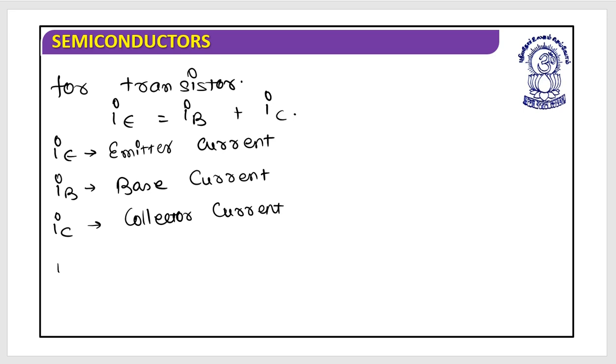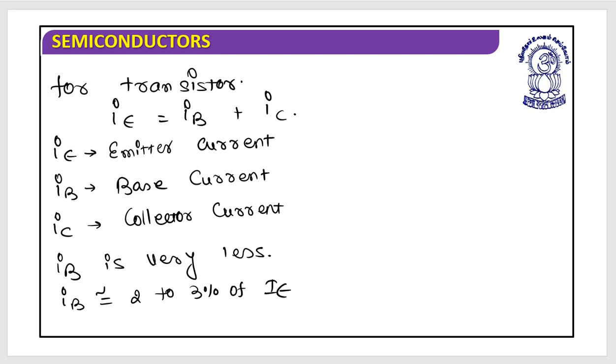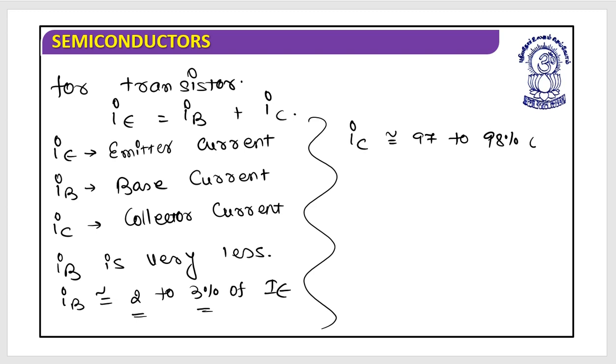We know that IB is very small, approximately 2 to 3 percent of IE. That means we can say that IC is approximately 97 to 98 percent of IE.